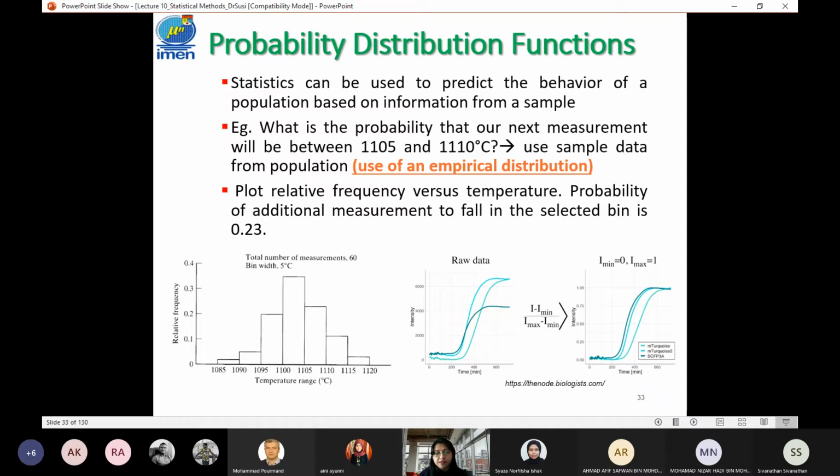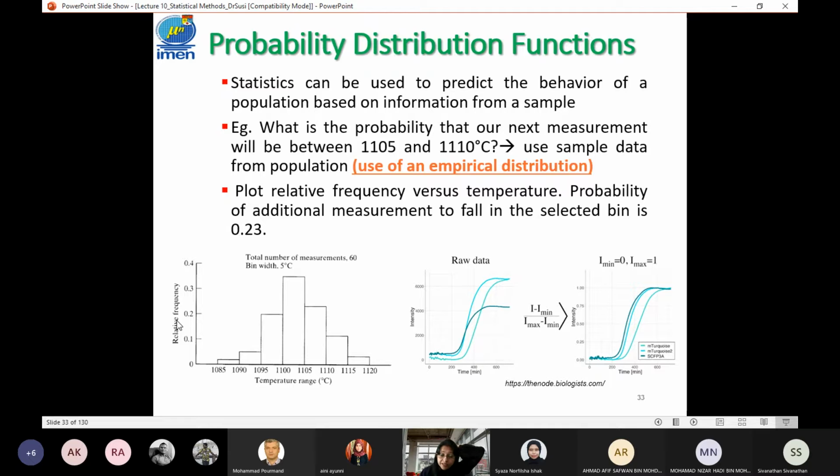In some cases in your experiment, it is very important to normalize the y-axis. For example, you want to measure these three different parameters, and in order to compare them, you need to normalize the y-axis. In the case of the temperature just now, we look at the relative frequency.